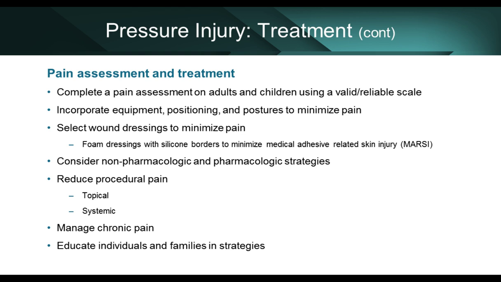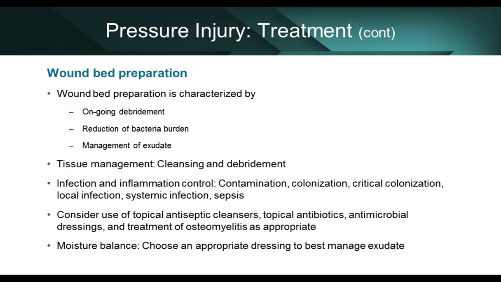The next component you need to think about is wound bed preparation. This is a holistic approach to evaluating and removing barriers to wound healing. It's characterized by ongoing debridement, reduction of bacterial burden, and management of exudate. The tissue management, you need to think about cleansing and debridement. What am I using? How am I doing it?